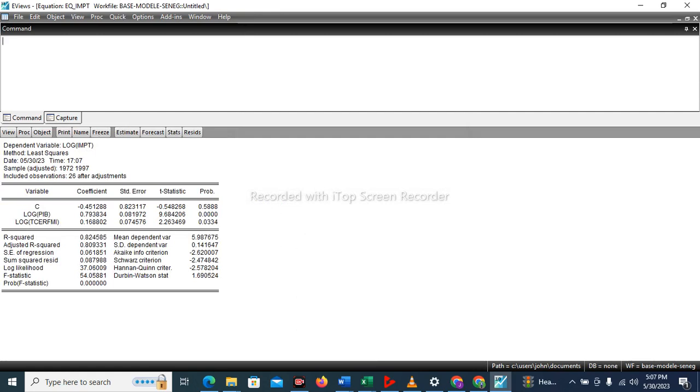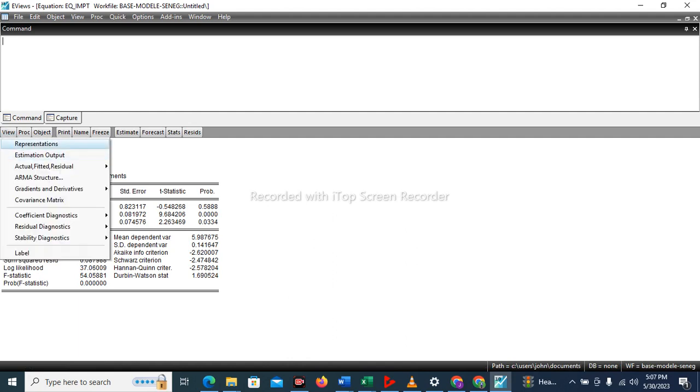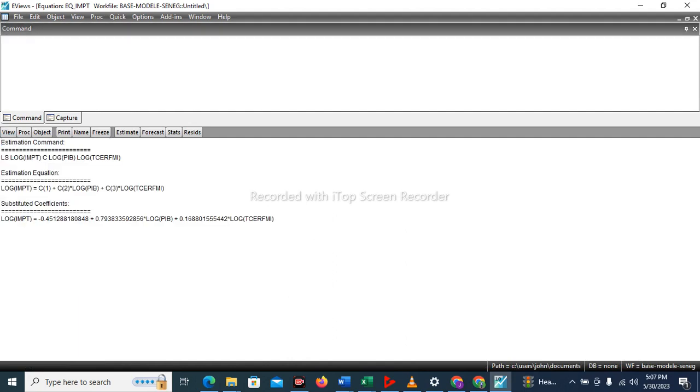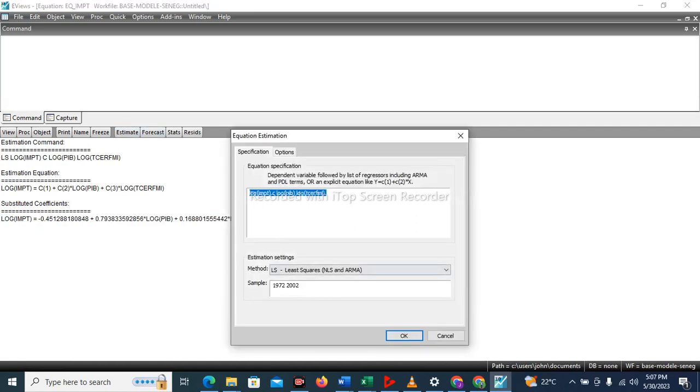Of course, the Durbin Watson, it's 1.69. It's within the acceptable range. Then you have the coefficients here, and you can actually get a view of how your equation looks like in estimation or equation or in substituted coefficients.